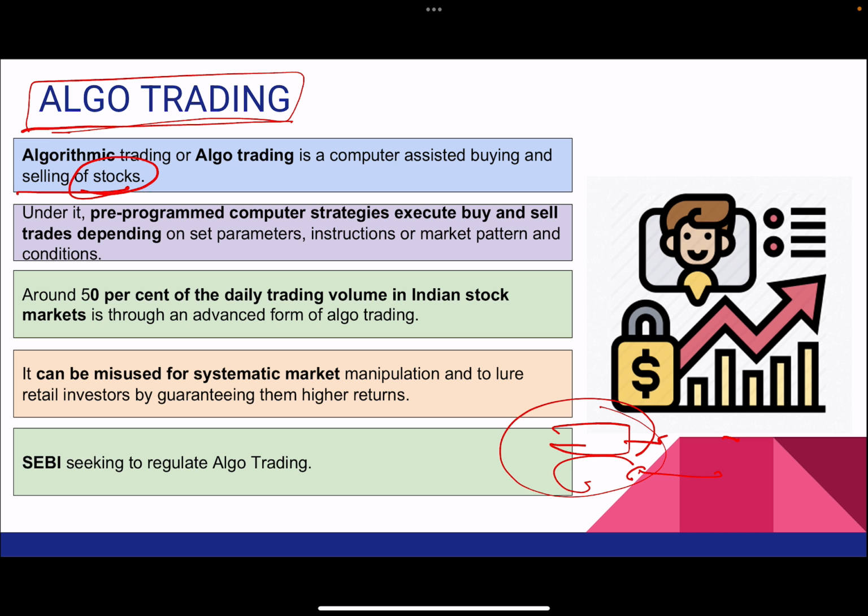So this entire process is regulated through the predefined algorithm. That is called algorithmic trading. This is done basically to speed up the entire process.